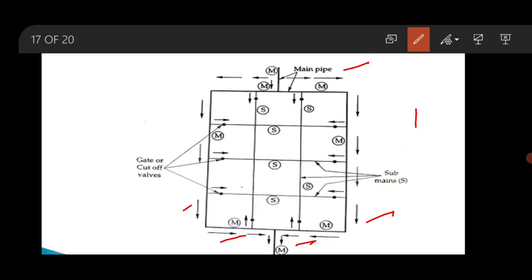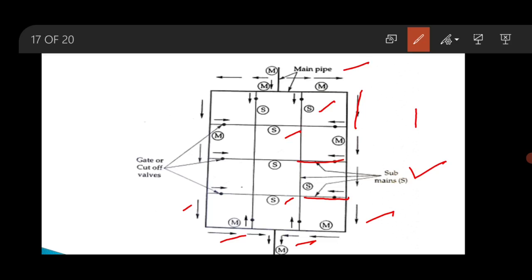So segments may be placed. These are the segment pipes from the main pipeline.